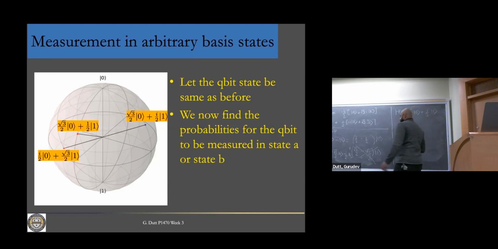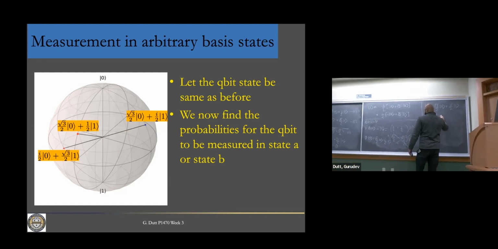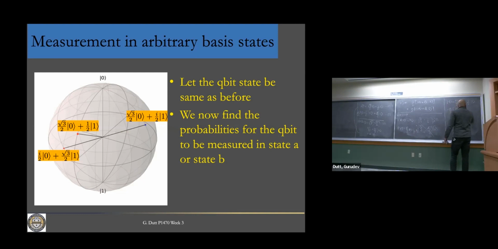And so I substitute now for 0, that's root 3 over 2 times 0 is root 3 over 2a minus i over 2b. Then plus 1 half for 1, I get minus i over 2 a plus 3 over 2.